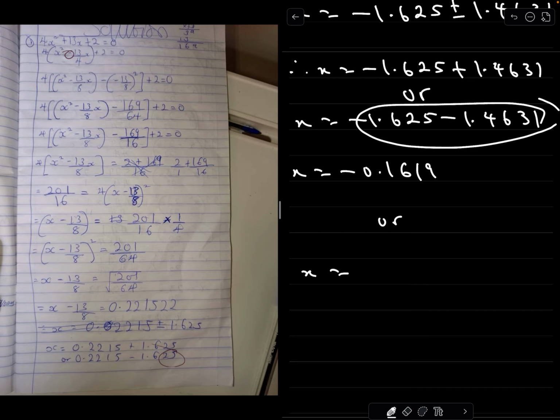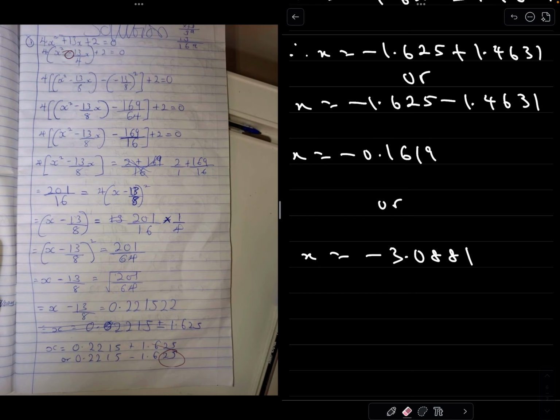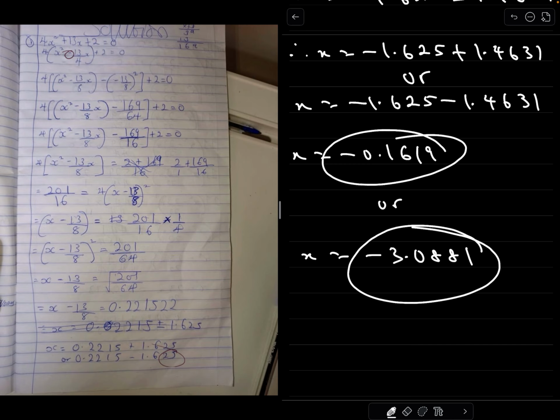Minus 1.625 minus 1.4631, and that's equal to minus 3.0881. And that's it, very, very simply. x equals minus 0.1619, or x equals minus 3.0881.